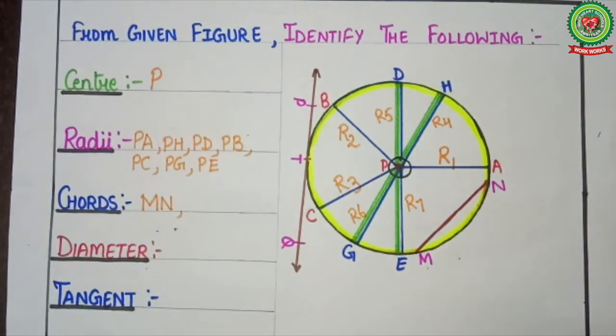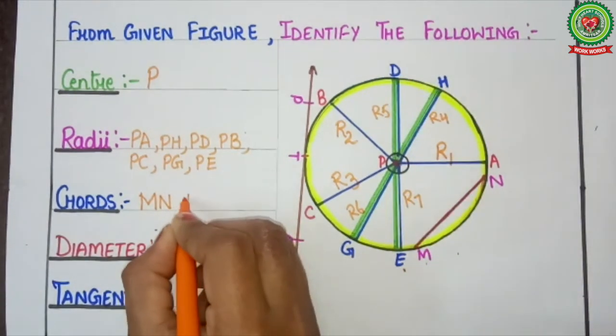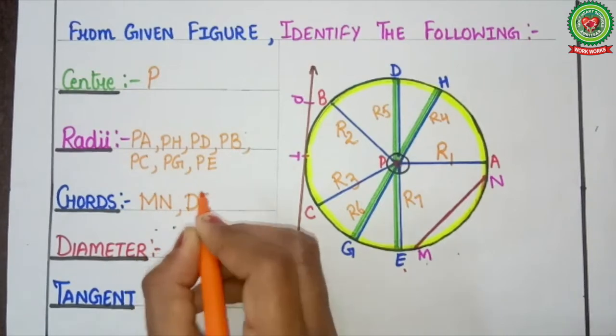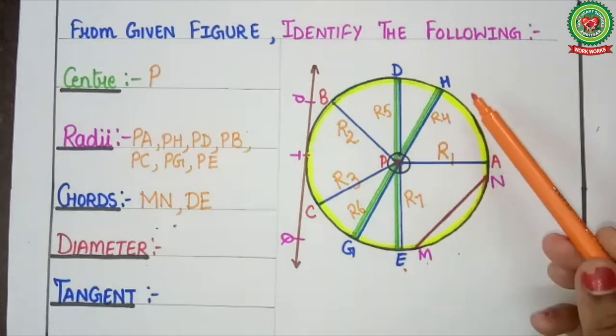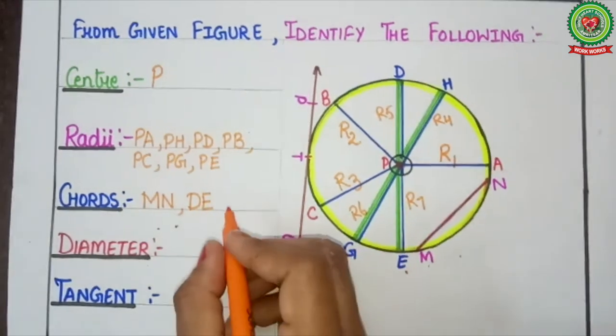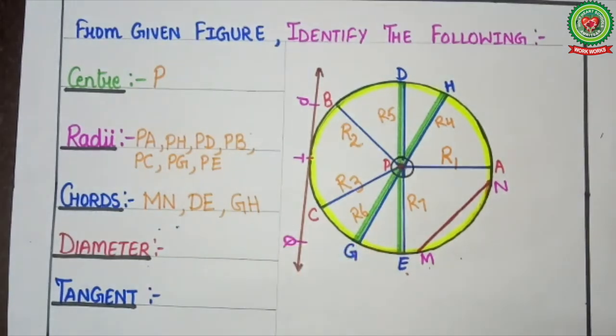Any other chord is there? Yes. DE. Its endpoint also lies on the circle. So next chord is DE. And any more? Yes. GH. So here GH is also a chord.